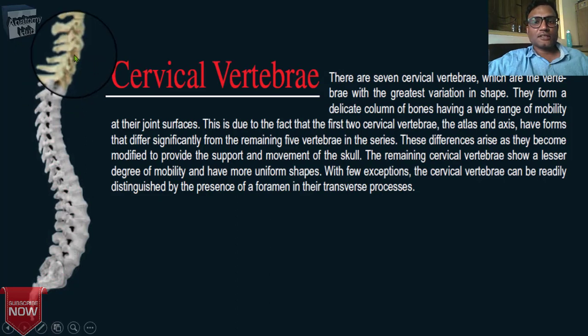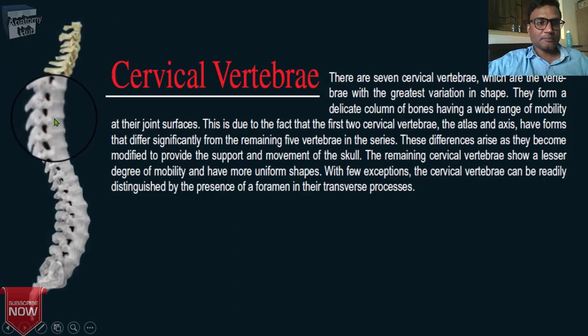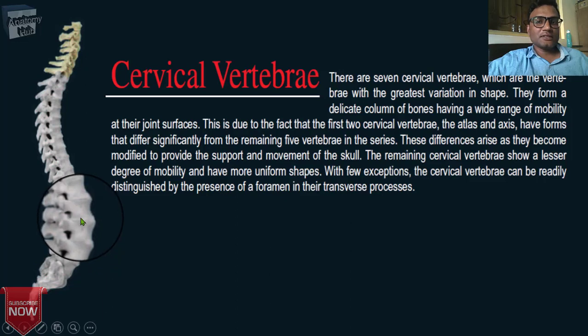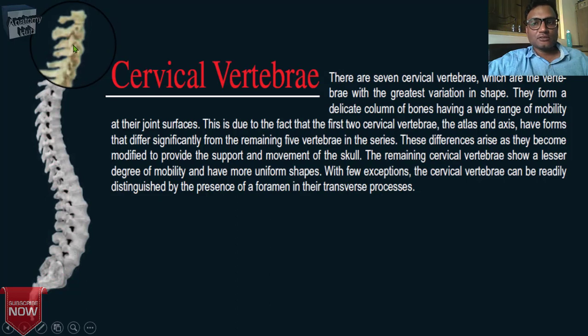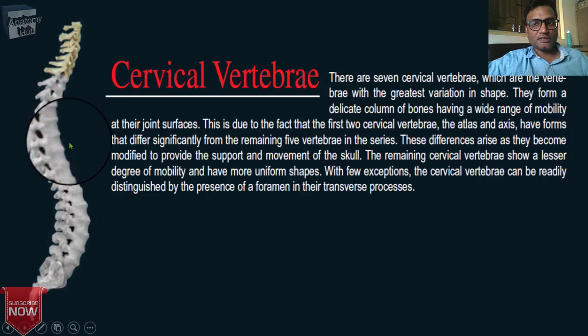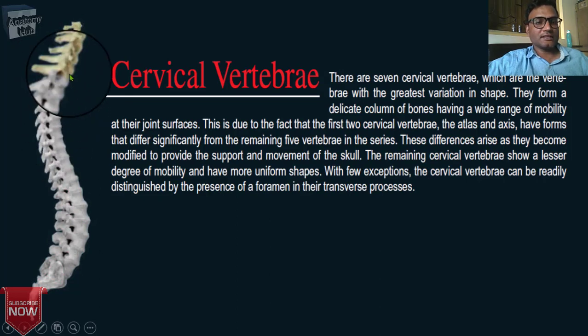All these cervical, thoracic, and lumbar vertebrae protect the spinal cord within them. They form a delicate column of bones with a wide range of mobility at their joint surfaces. This is because the first two cervical vertebrae, the atlas and the axis, differ significantly from the remaining five.